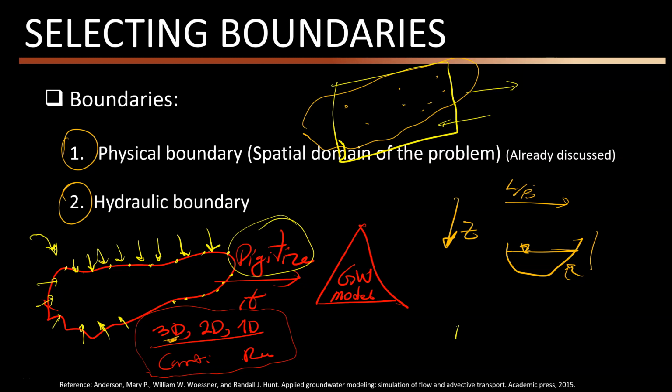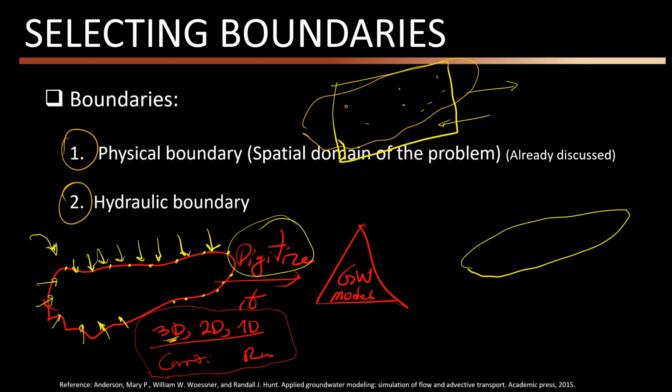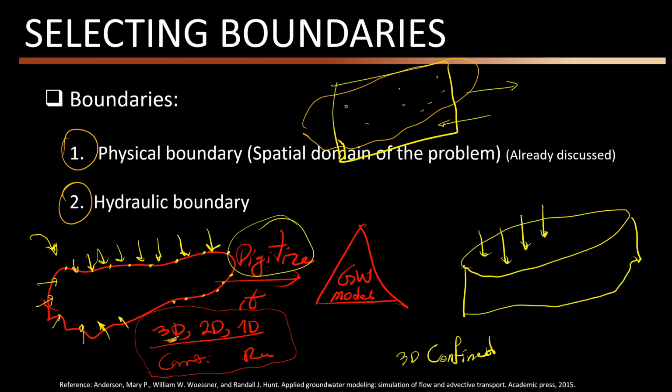For example, if this is my 3D confined conceptual model, I need to think about the upper layer: if it is not a fully impermeable layer, I need to define a recharge here, which is a boundary condition.